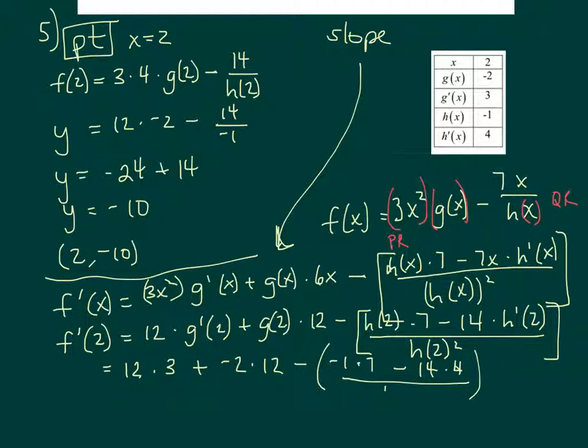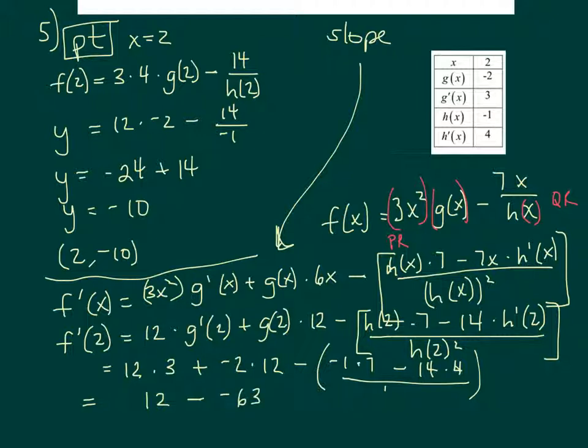Okay, so we have 36, and then this is going to be -24, so 36 minus 24 is going to be 12. Okay, minus -1 times 7 is -7, minus 14 times 4 is 56. So -7 minus 56 is going to be -63.